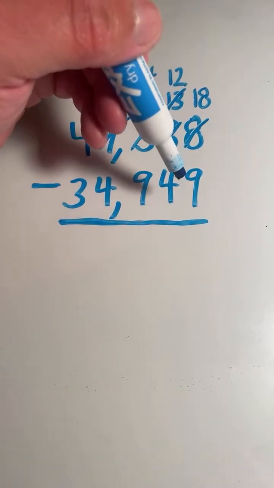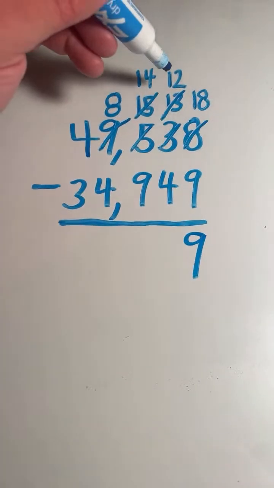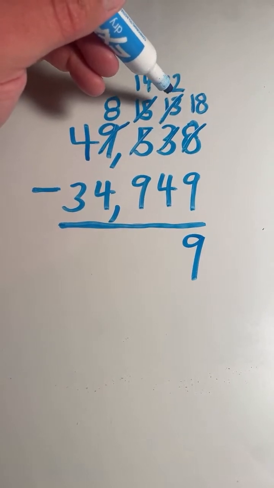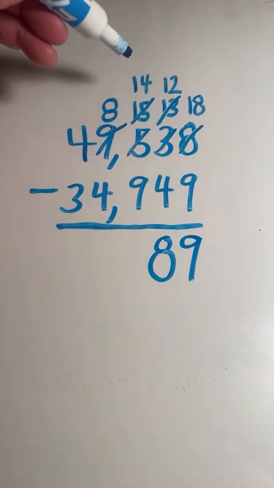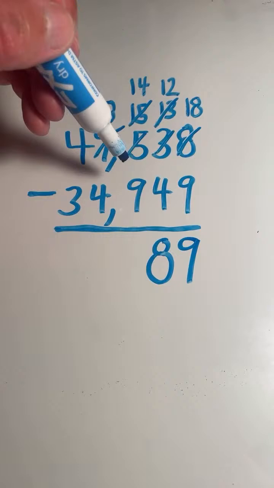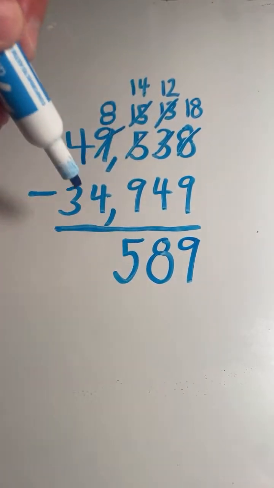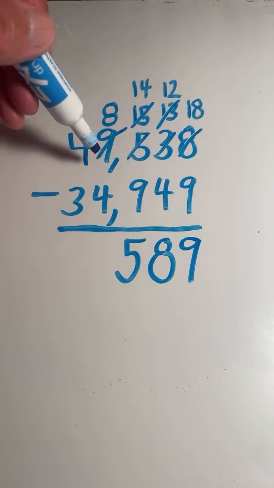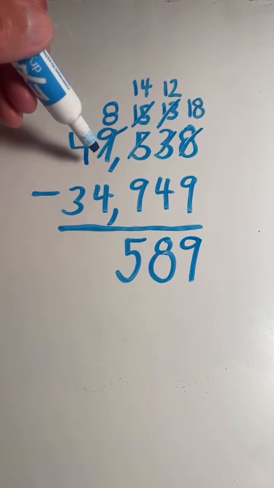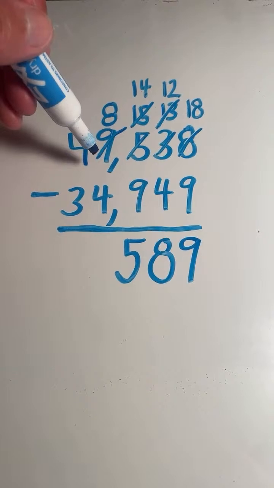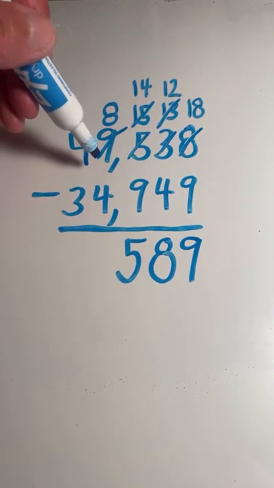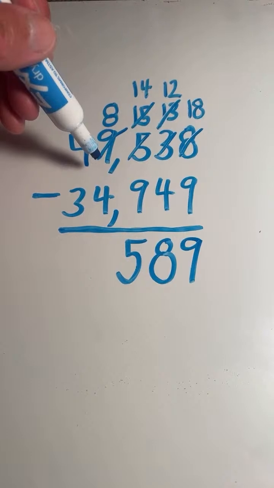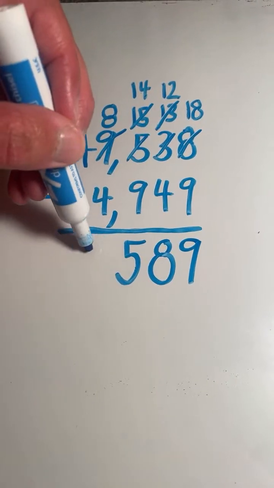So 18 minus 9 equals 9. 12 minus 4 equals 8. 14 minus 9 equals 5. 8 minus 4 equals 4.